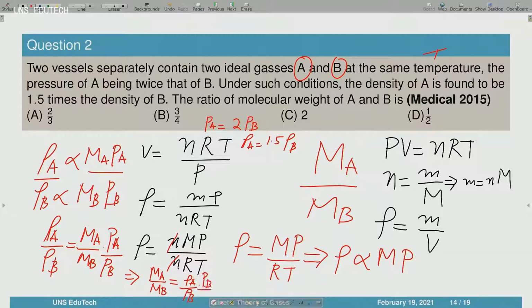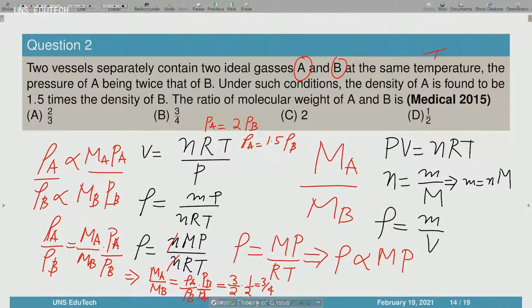How much is rho A by rho B? 1.5, or we can write 3 by 2. Then PB by PA is again 1 by 2. So the answer will be 3 by 4. That will give you 3 by 4.